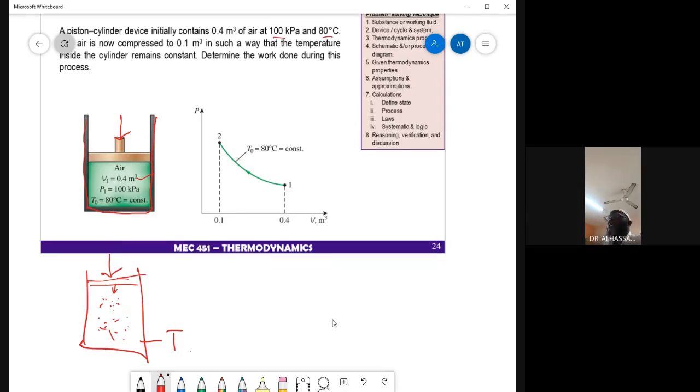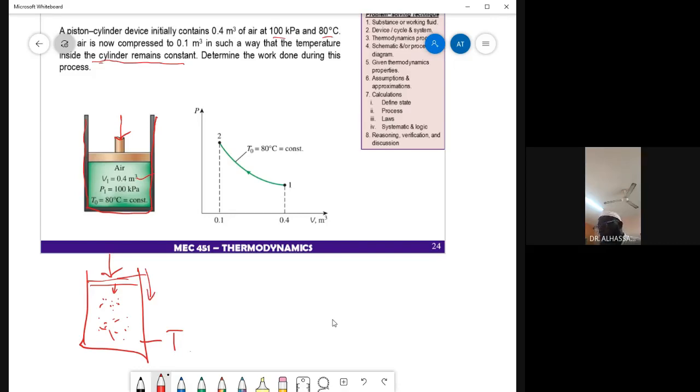But we are told that this particular experiment was conducted in such a way that the temperature in the cylinder remains constant. So how do we ensure that as the piston is being compressed downwards?